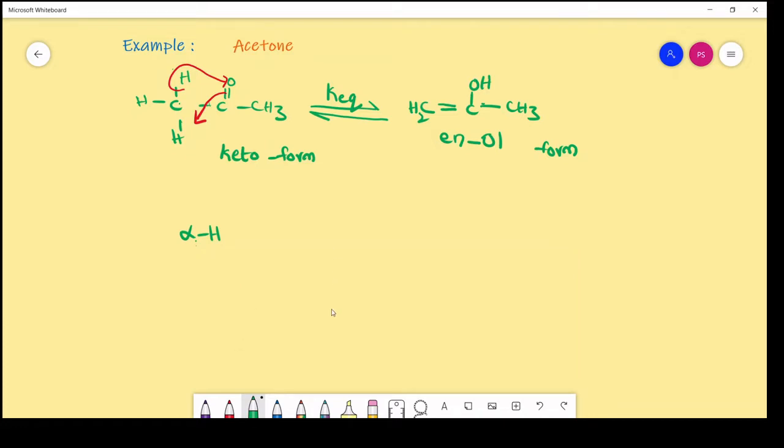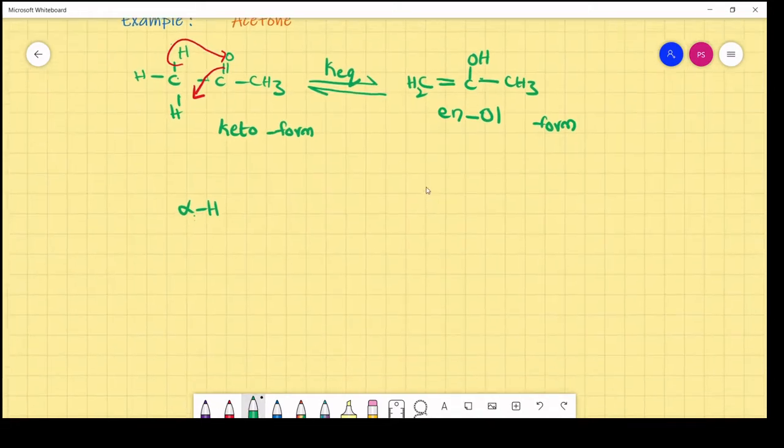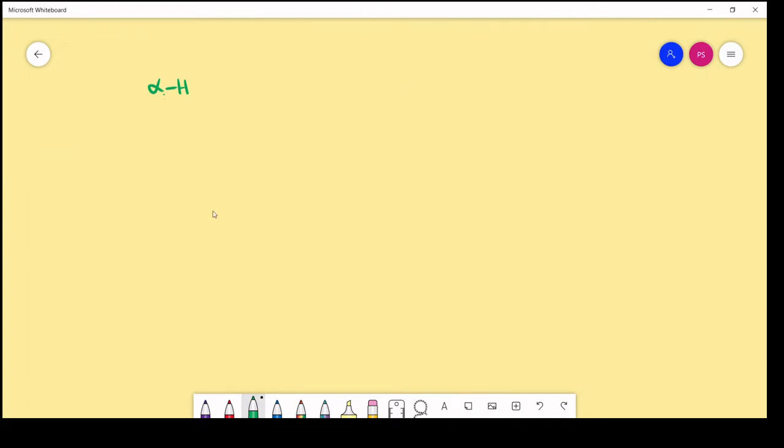For example, if we see the same example once again, the structure of acetone is CH3-C(=O)-CH3.